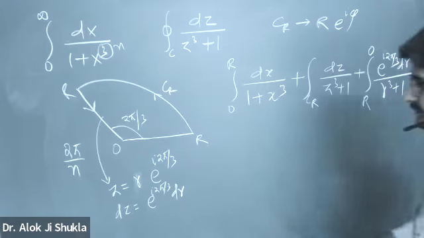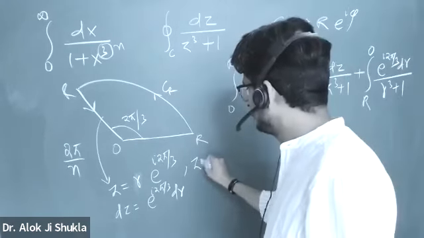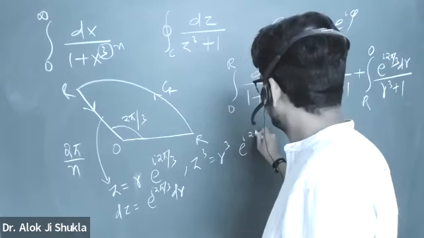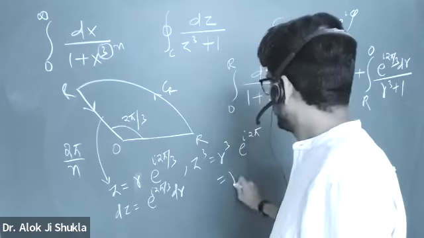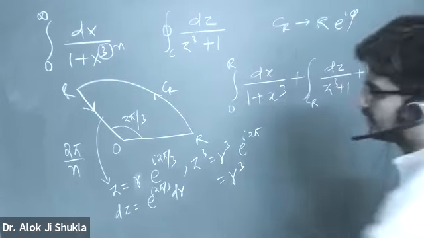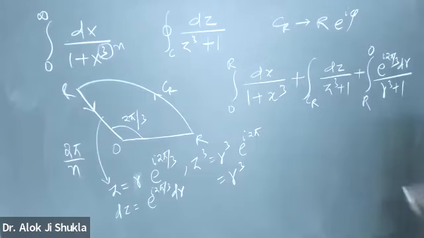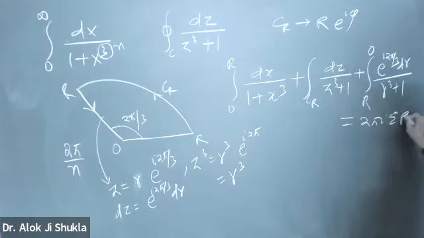What is z? z is this. Take z cube. It will be R cube e to the power i 2 pi, which is equal to R cube. So that's why it was done 2 pi by n. Understood now? This is equal to 2 pi i times the sum of residues by the Cauchy integral formula.